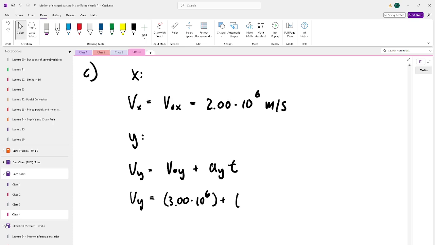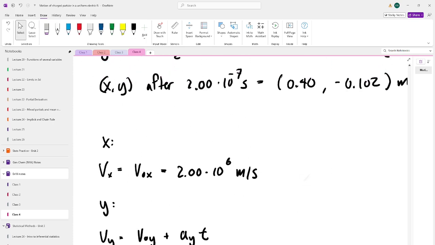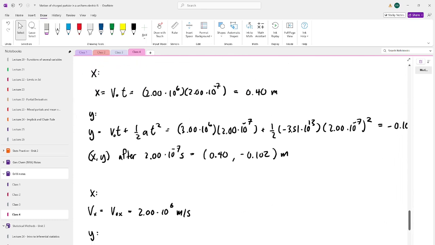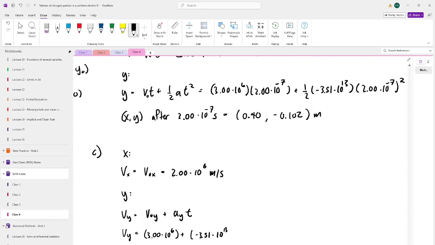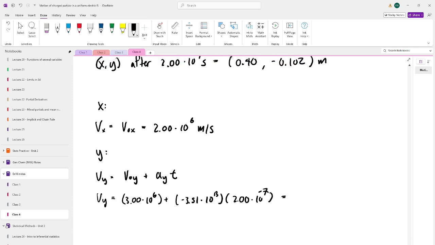Acceleration, we calculated to be minus 3.51 times 10 to the 13. And then time, they're asking us after 2 times 10 to the minus 7 seconds. So we plug this in, we can calculate it, and this gives us minus 4.02 times 10 to the 6 meters per second.